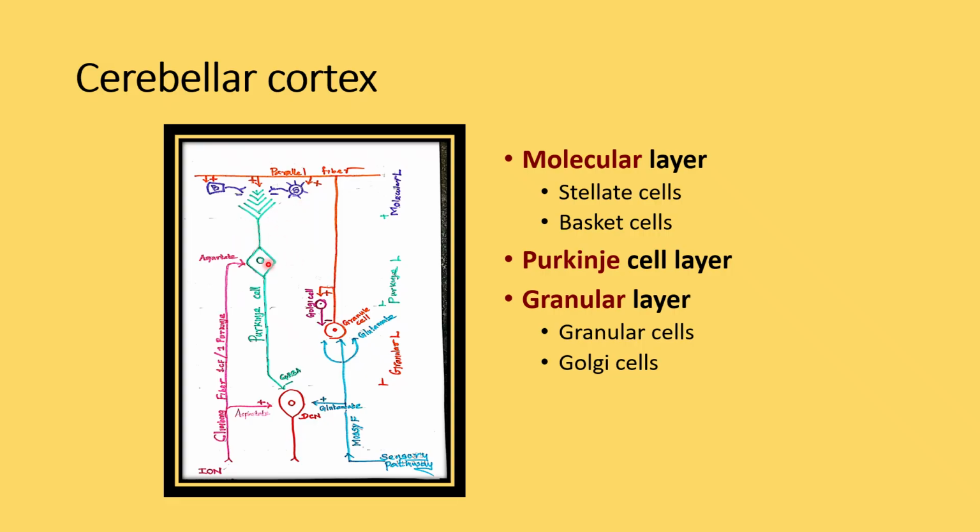The middle layer contains the largest cells, the Purkinje cells. This is the Purkinje cell. It inhibits the deep cerebellar nuclei through GABA. The inner layer is the granular cell layer. So these are the granule cells and Golgi cells.